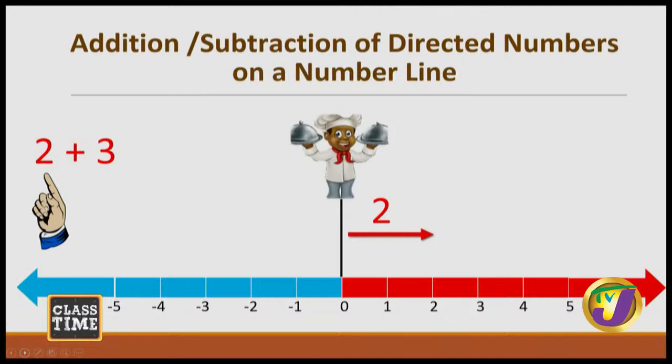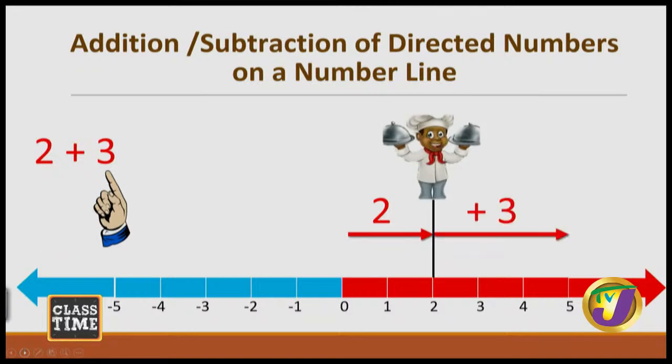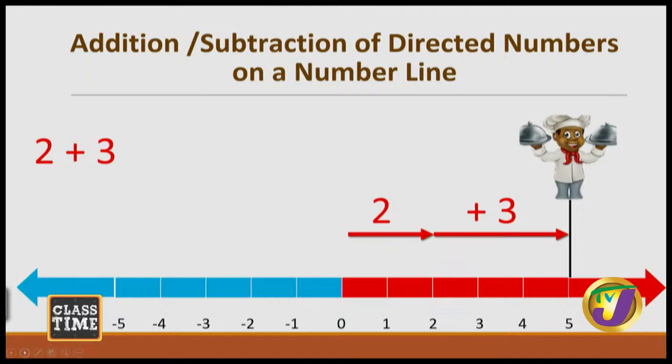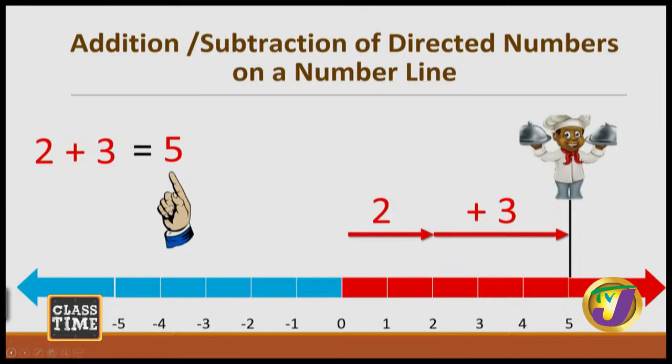Then we're supposed to add positive 3. Remember when we add, which direction do we move again? Right, to the right. So we're going to move from 2, 3 places to the right. And when we do that, we notice that we are now at 5. So therefore, 2 plus 3, 3 added to 2, is equal to 5.